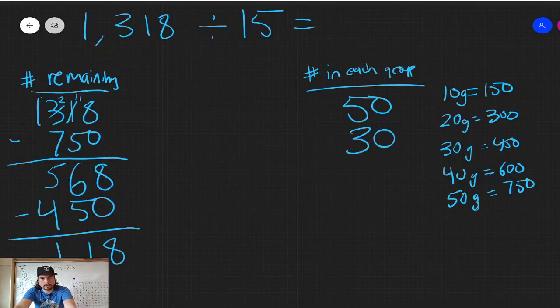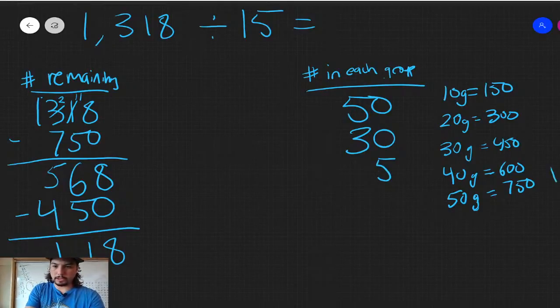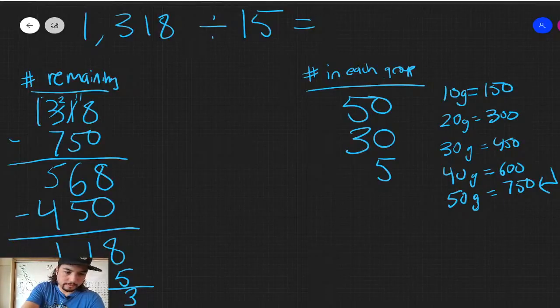Okay. Let's go with, how about 5 groups? Because I know that looking at this one, if 50 times 15 is 750, then 5 times 15 must be 75. Eight minus 5 is 3. 11 minus 7 is 4. Okay.